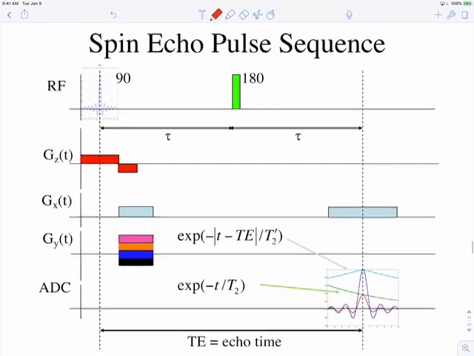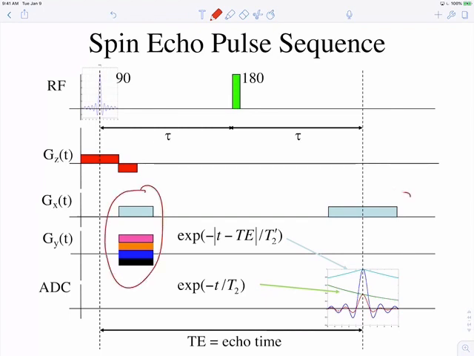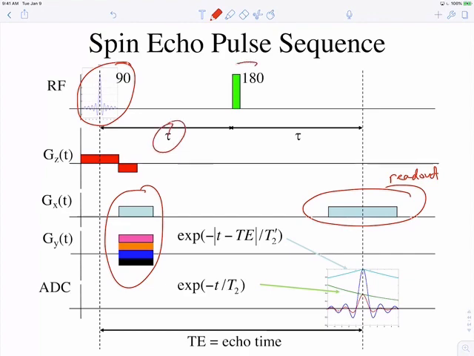So how do you do that? The pulse sequence now is, we split up the spin warp into the initial encoding, and then the readout is here. And after the excitation pulse, we wait some amount of time, and we apply this 180-degree pulse.